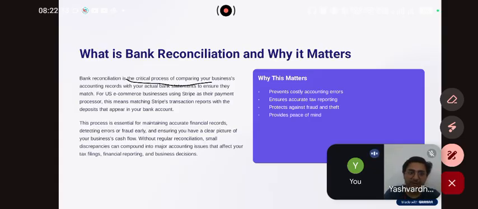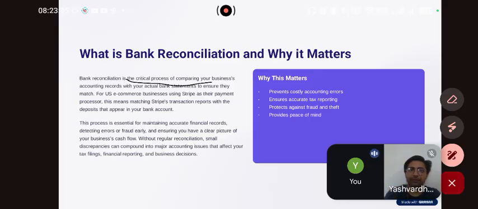It compares the internal financial record of a company, which is a virtual record, because nowadays we are all in virtual reality. This virtual record we name as a cash book. So we are comparing the cash book of a company, the internal financial record that the company makes as per its own wisdom, with the bank statement.